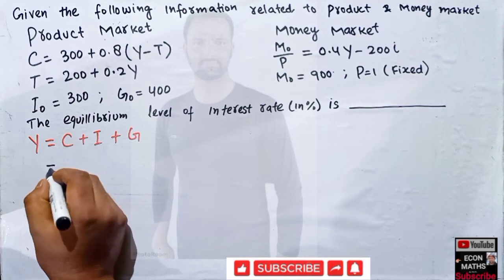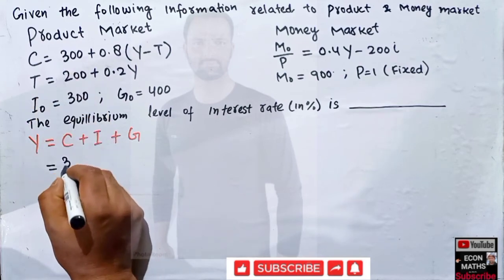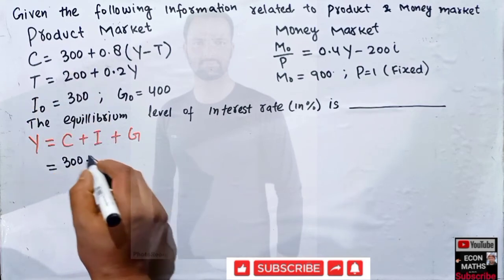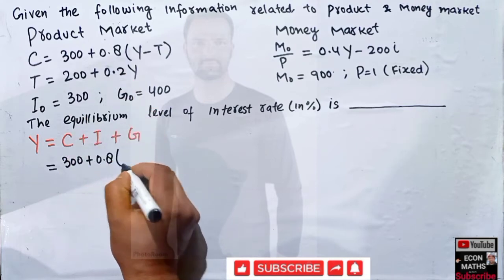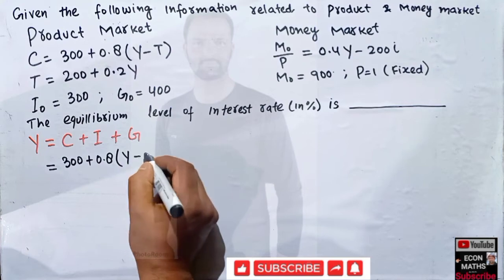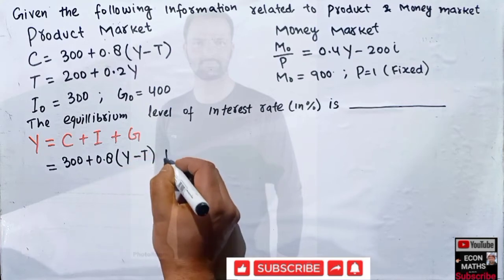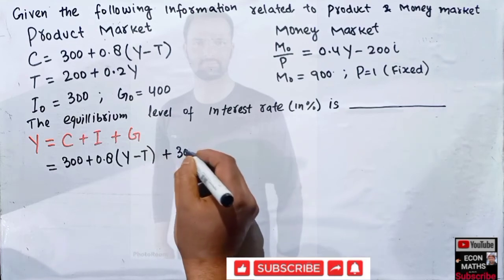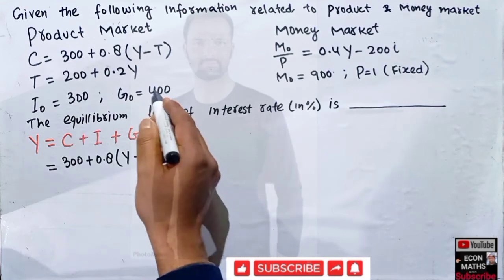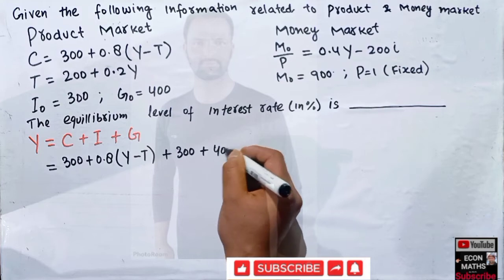So we have the consumption function 300 plus 0.8(y minus t), plus investment, which is autonomous here, 300, plus government expenditure 400.